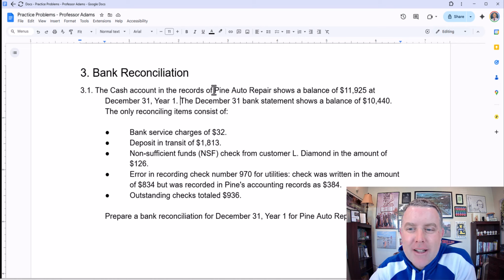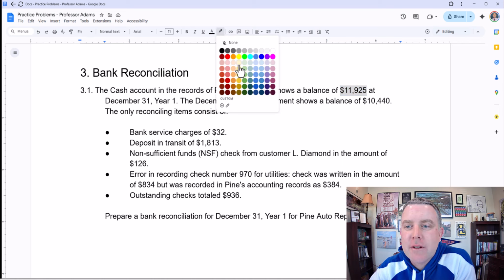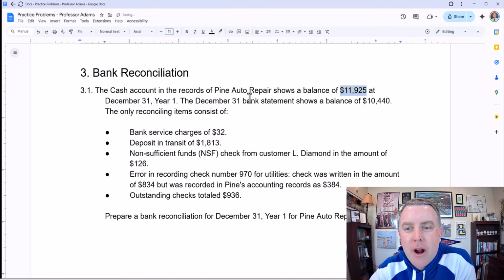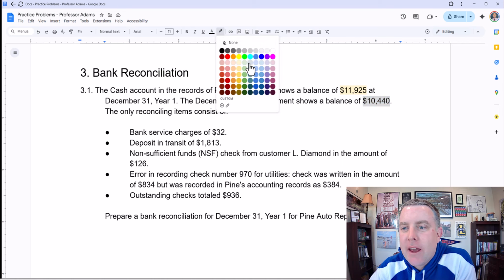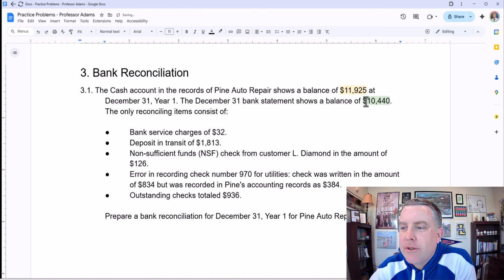Okay, so Pine's accounting records say that it has cash of 11,925. So that's our starting point for one part of this problem. And the bank statement says that they have $10,440. We need to explain why these two numbers are different.